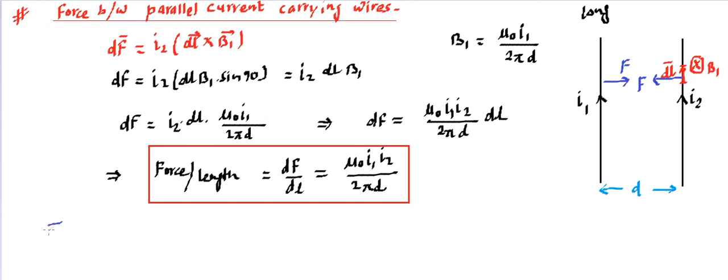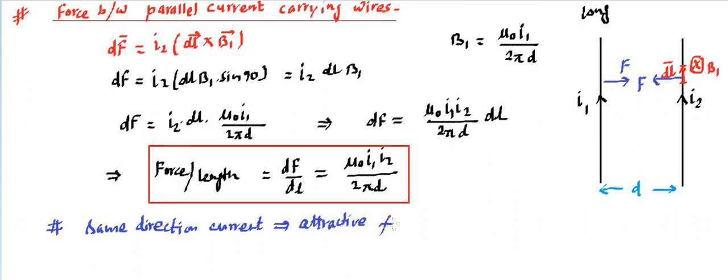So from here we can also remember this point: same direction currents will cause attraction, or attractive force, between the wires.